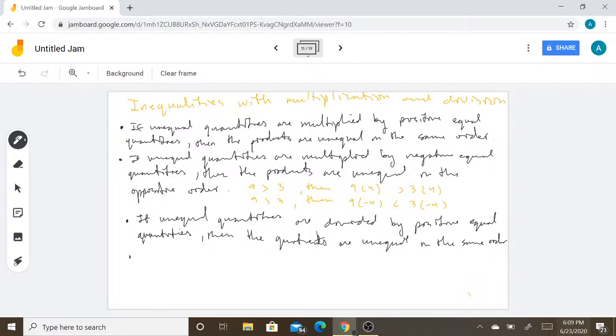But if the quantities are divided by negative equal numbers, then the quotients will actually be unequal in the opposite order.